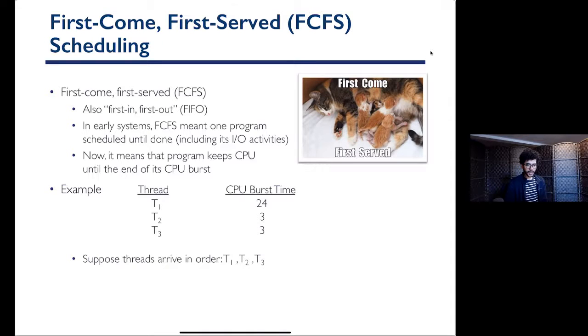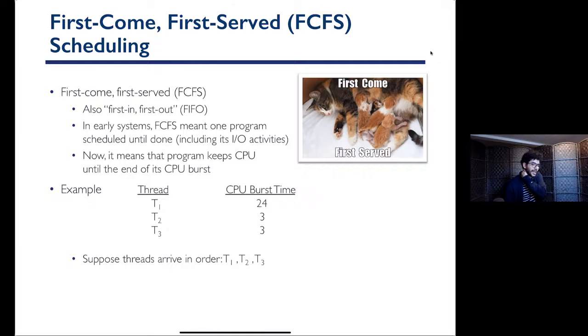Now, let's look at a simple example. Let's say I have 3 threads, and let's assume that these are simple threads with only a single CPU burst, and then they terminate. So the simplest case, T1, T2, T3, and each one of them has a CPU burst in whatever unit of time you want. Let's say microseconds for the sake of argument.